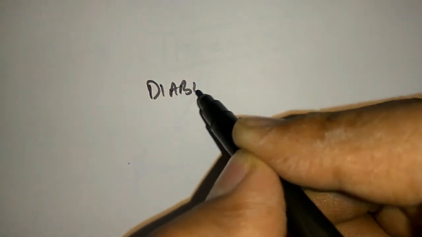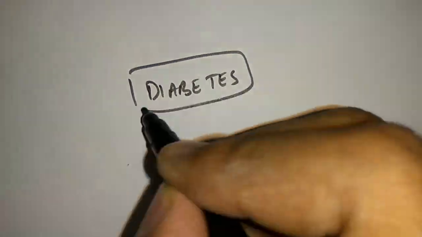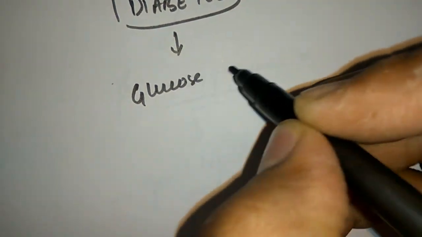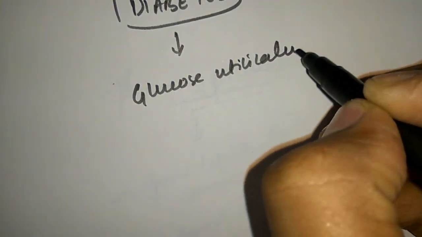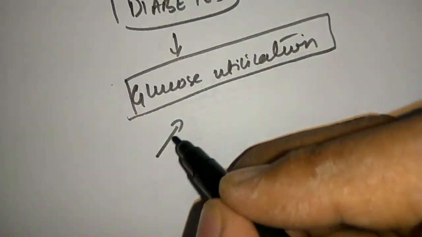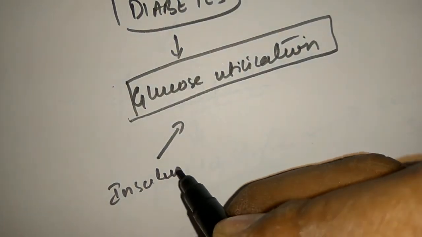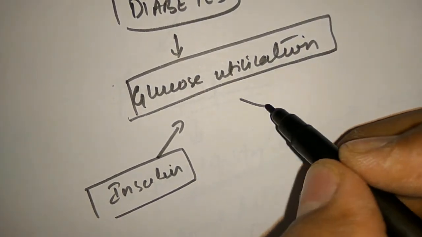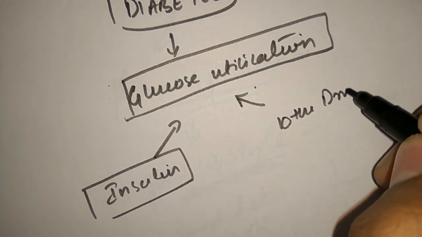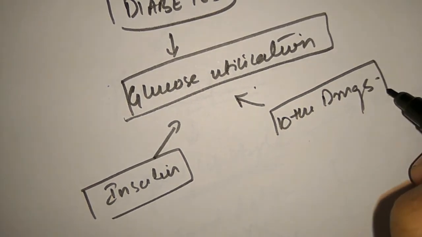Well, now that we have come to an end, the take-home message of this video is: diabetes occurs due to an abnormality in the glucose utilization of your body. This glucose utilization requires insulin in some individuals, and in some individuals there are other drugs that your doctor might prescribe.